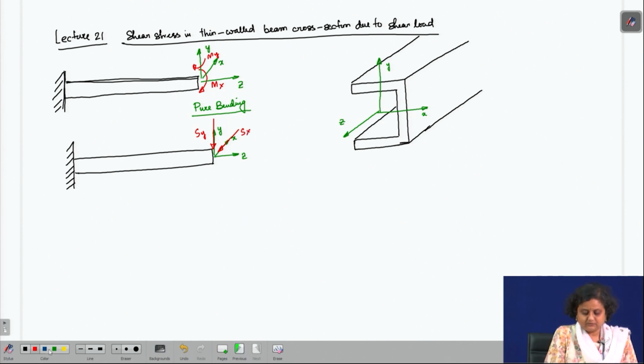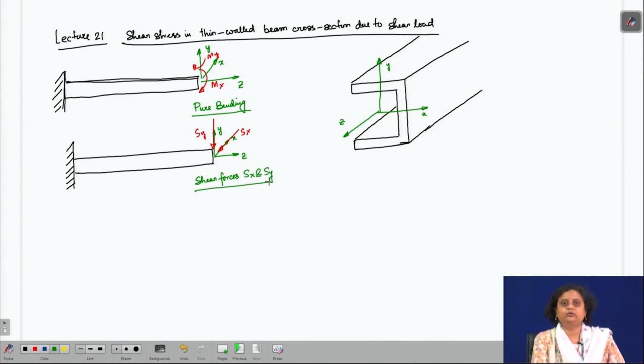so these are shear forces Sx and Sy. Now, for this case also bending moment would be produced.